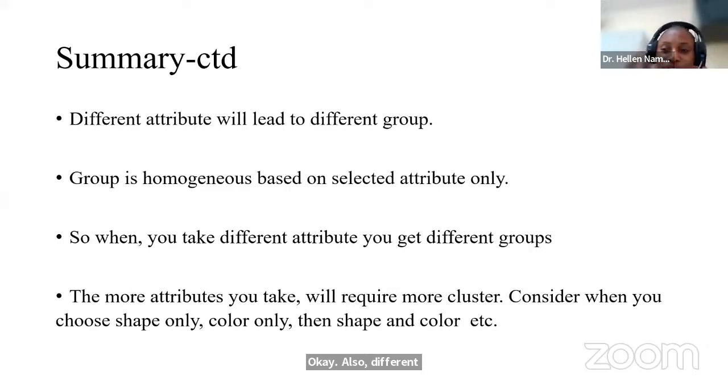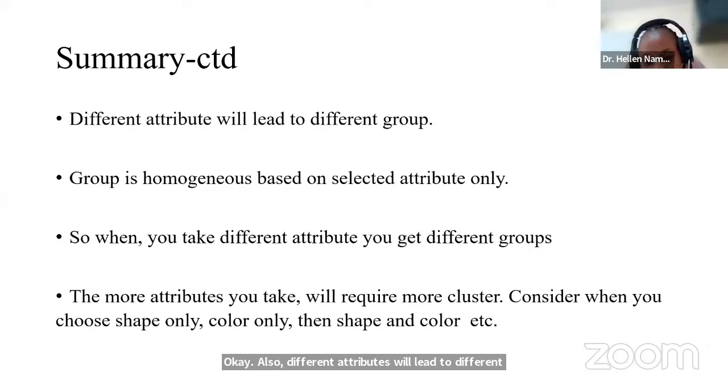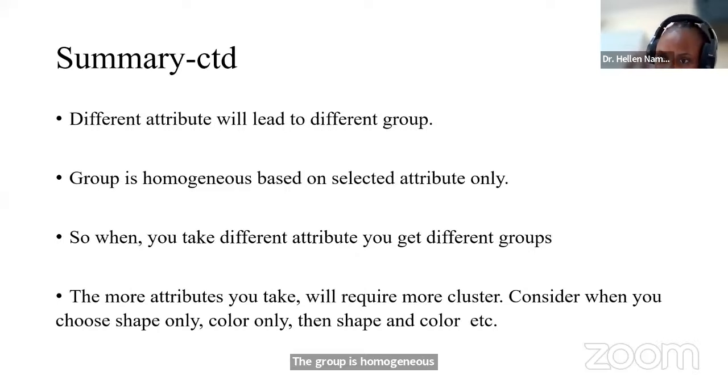Also, different attributes will lead to different groupings. I've explained that. Different variables will lead to different groups. We saw the case of the shape, we saw the case of color, we saw what happens when we combined them. And in case we consider also the last attribute, still the groupings are going to change. The group is homogeneous based on the selected attribute only.